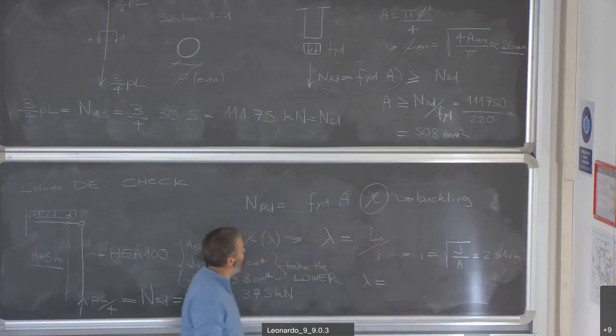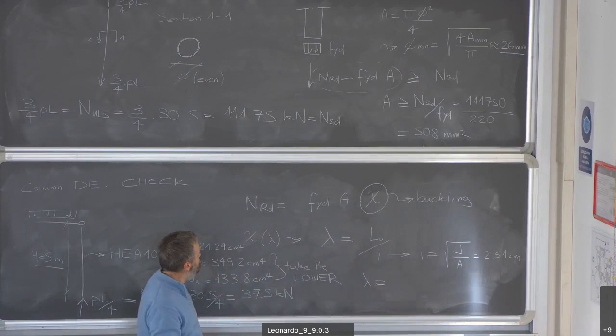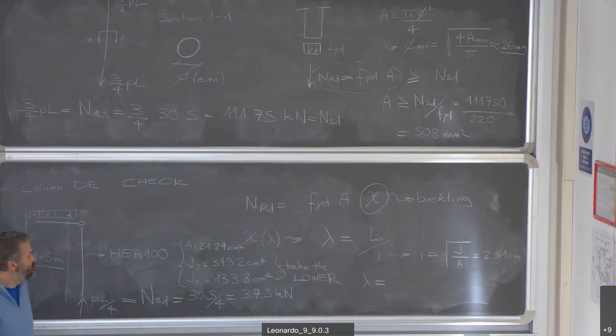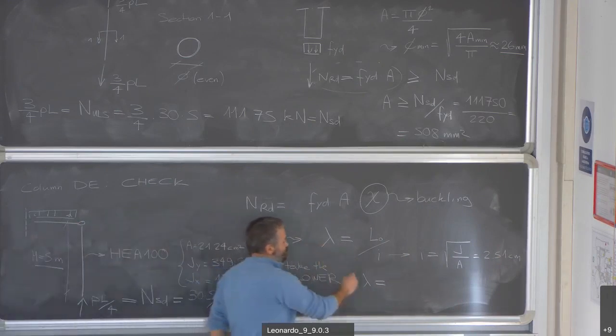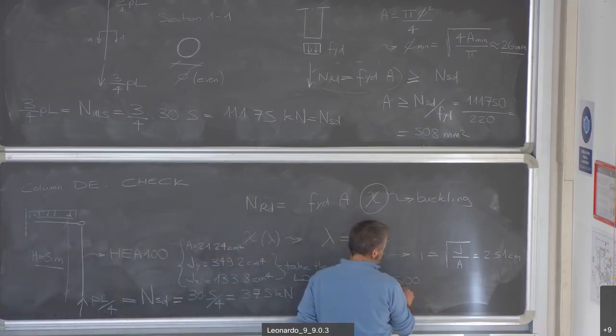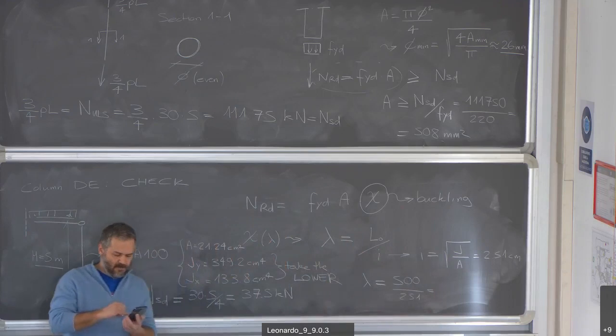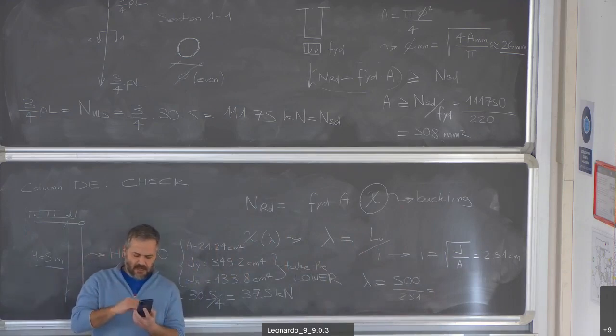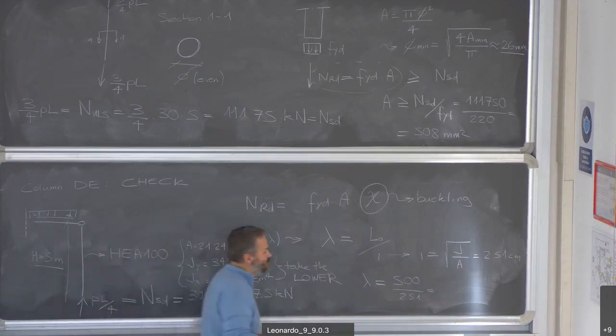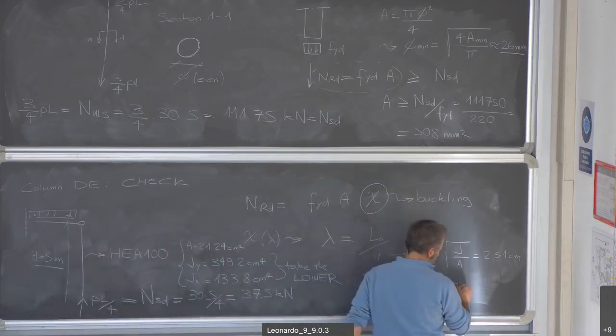Slenderness becomes L0, and if the column is hinge and hinge, L0 is basically H. Lambda is L0, so 500 centimeters divided by 2.51. It's very high, 200 of slenderness.